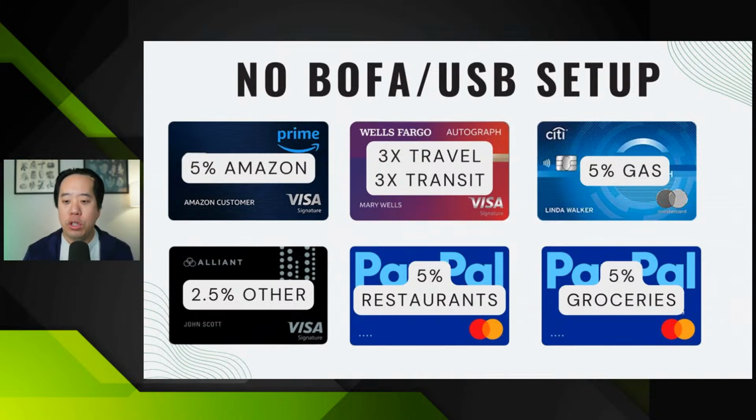So if you look at this setup, you can see that it's very cashback heavy. There is that Wells Fargo card that I could use for points. I'm actually moving towards, even with this hypothetical scenario, a situation where I'm using all of my spending cards as cashback cards.